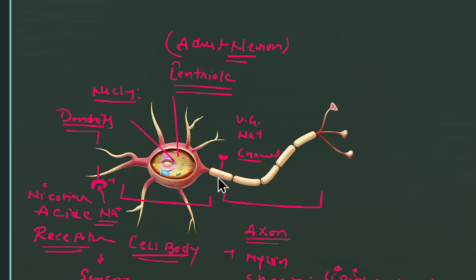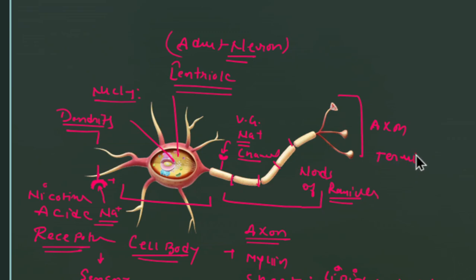So this receptor will open when it binds with the sodium molecule. And in this region, the myelin sheath is totally absent. This region is called the nodes of Ranvier.